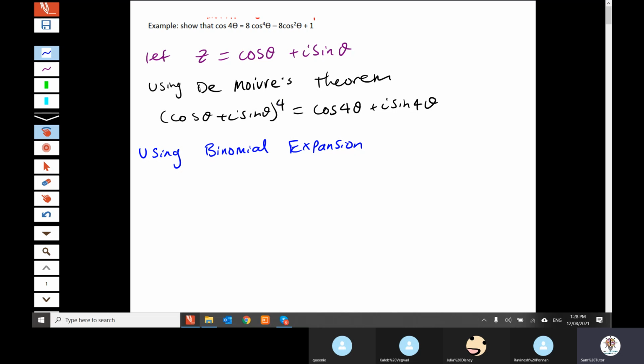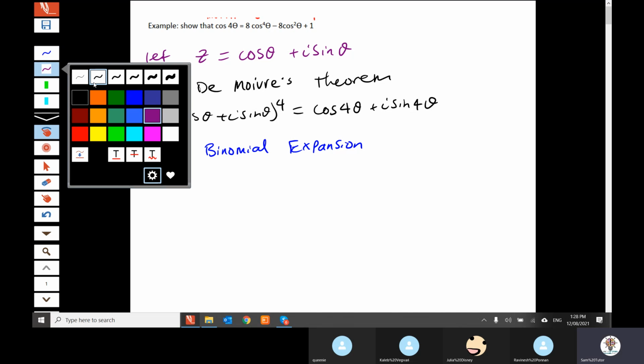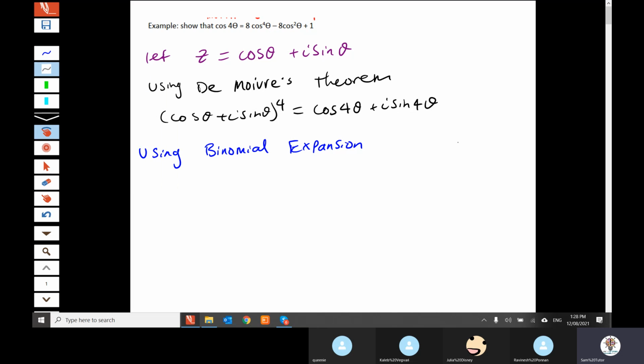What we're going to learn now, you guys, is actually how to expand this power of 4. The first thing you need to learn to do is Pascal's triangle, but I'll let your teachers cover that in school. The first thing you want to learn to do is find the coefficients of these.